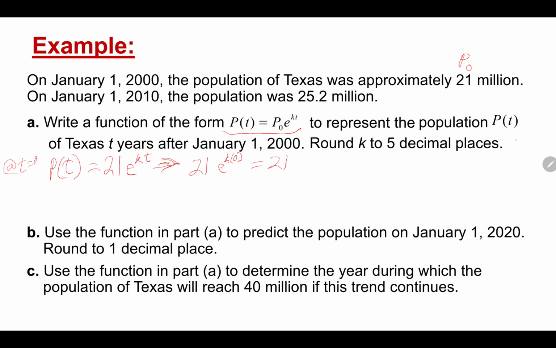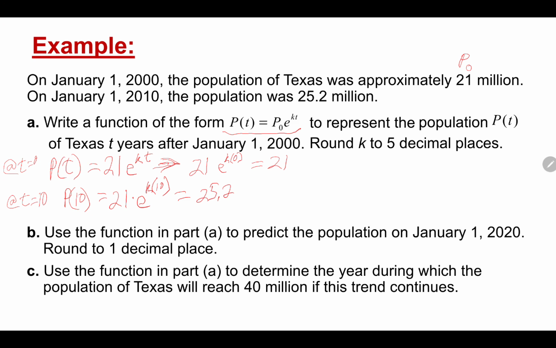But we also know P of 10, 10 years since 2000. We know what it needs to equal, so we can solve this for k. So we say, okay, well, this equals 21 times e to the k times 10, which must equal 25.2.